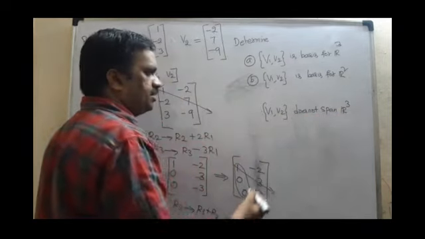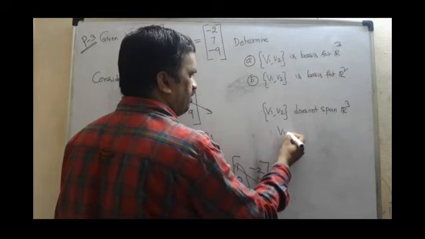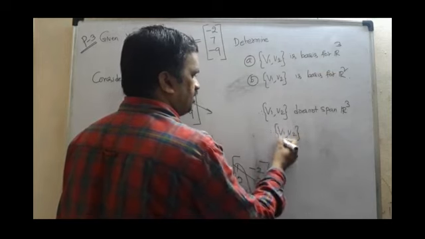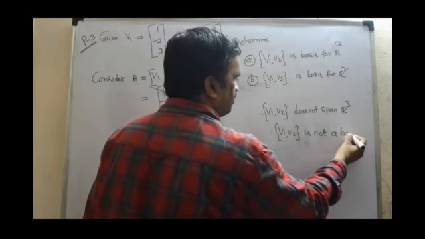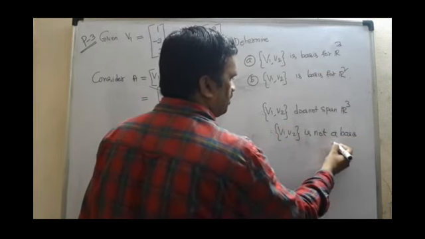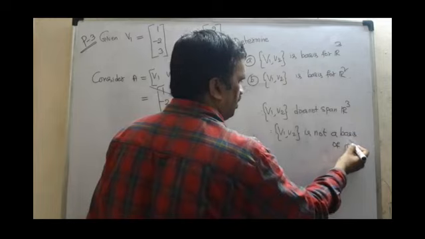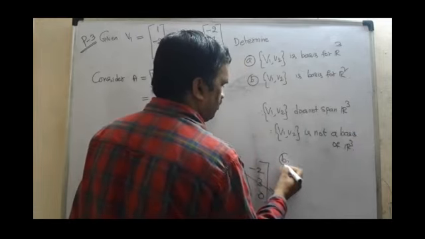Whenever it does not span, V1 V2 is not a basis of R cube. First part is over.